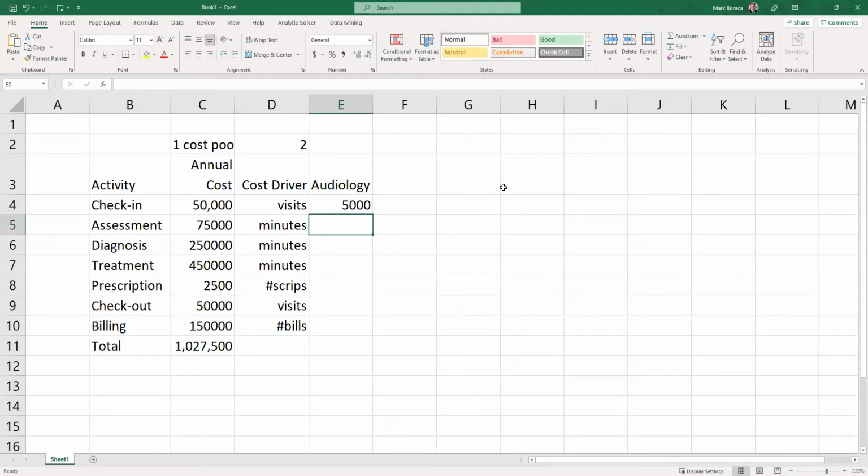And then on average, it takes 5 minutes per visit to do an assessment, 10 minutes per visit to do a diagnosis, 10 minutes per visit to do treatment. Half of the visits get a prescription, and then there are 5,000 visits, and then there's an average 1 bill per visit.